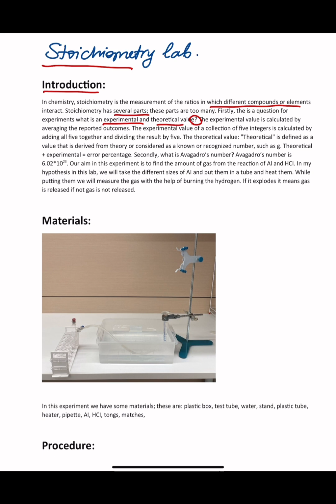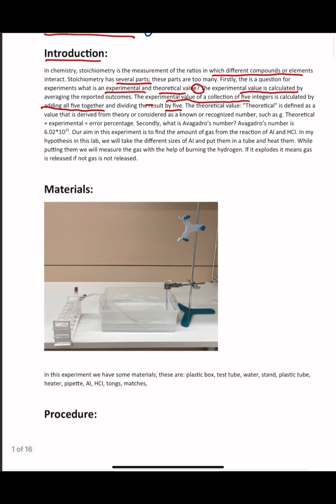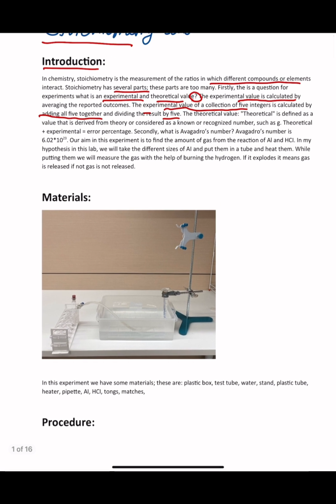You need to make statements. The experimental value is calculated by averaging the reported outcomes. The experimental value of a collection of 5 integers is calculated by adding all 5 together and dividing the result by 5. So they have given information about stoichiometry, which is good, but the information is too short.